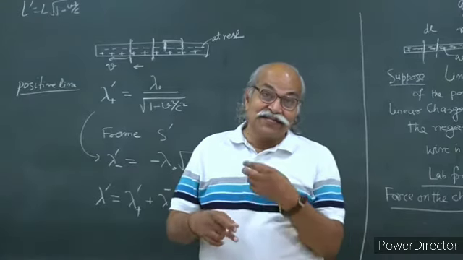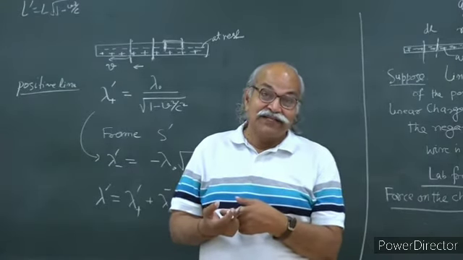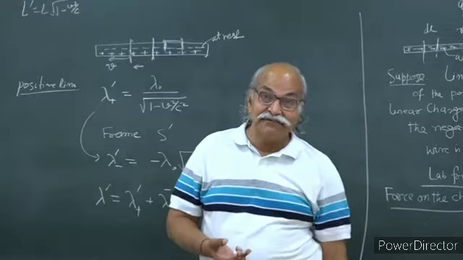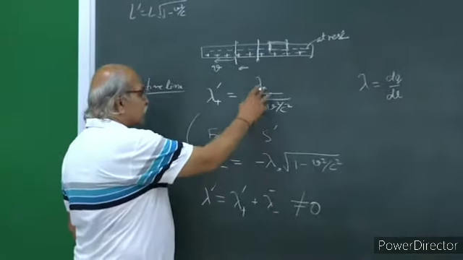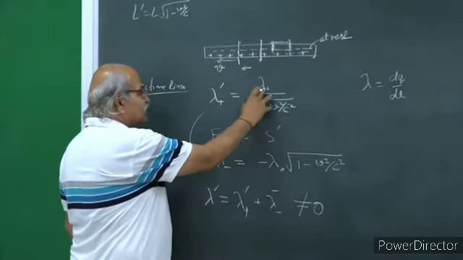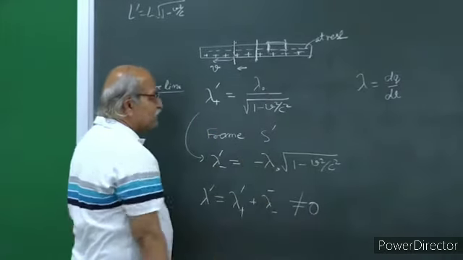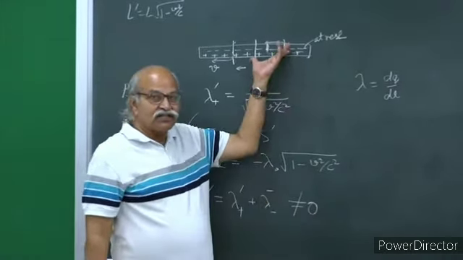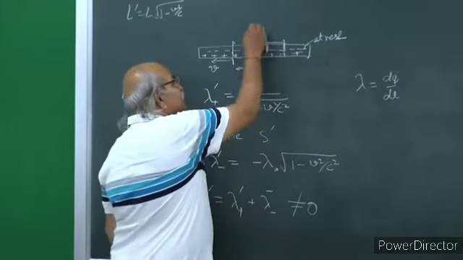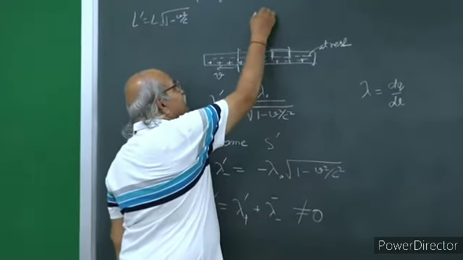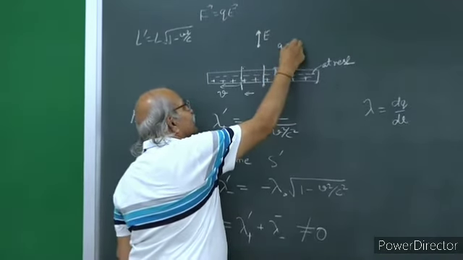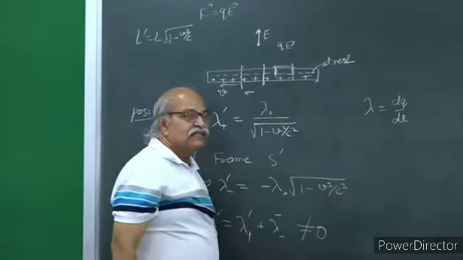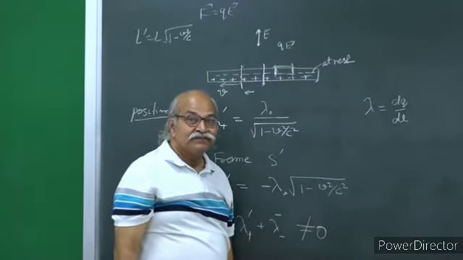You can see the direction of the electric field. The positive charge is larger, the negative charge is smaller, so there is a net positive charge. There will be an electric field in this direction, and therefore a force in this direction, and it should accelerate up.